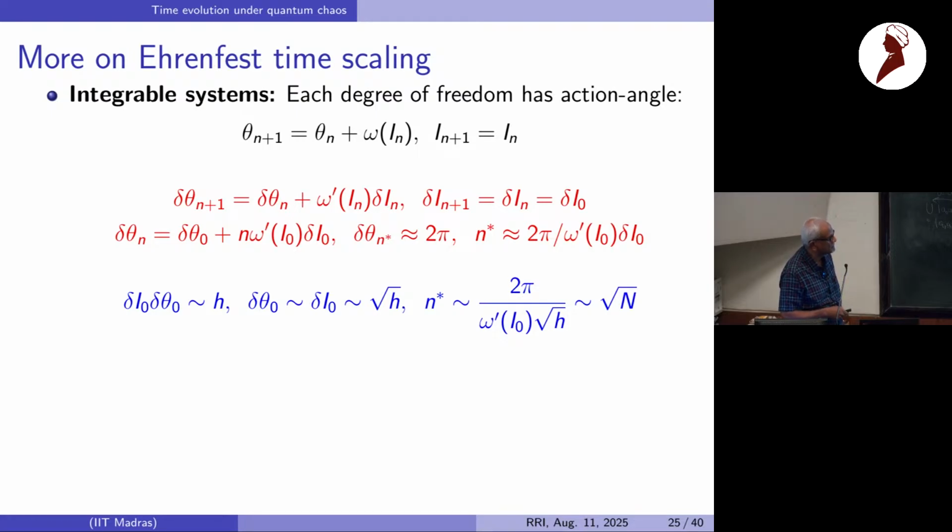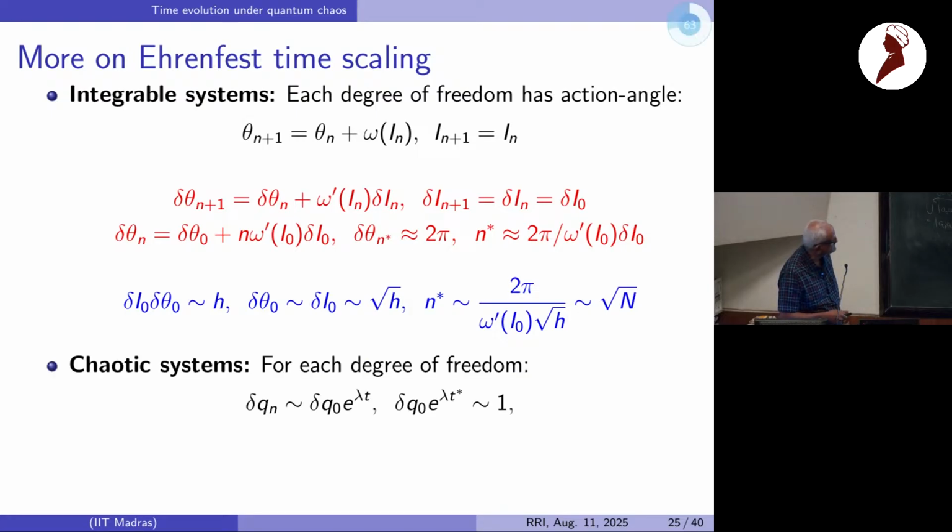Therefore each of them is scaling as square root of h bar, and then you can see that n star is scaling as 1 over h bar, or square root of n. So it's a very simple derivation, and it is independent of the number of degrees of freedom, because each degree of freedom will have a different omega prime and so on. But as far as the scaling of h bar is concerned, they will be the same. That's the simple argument for that.